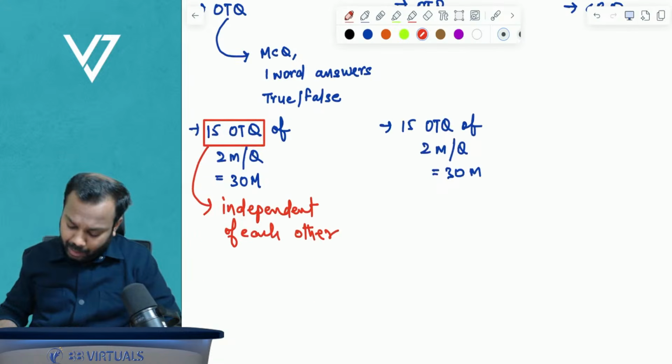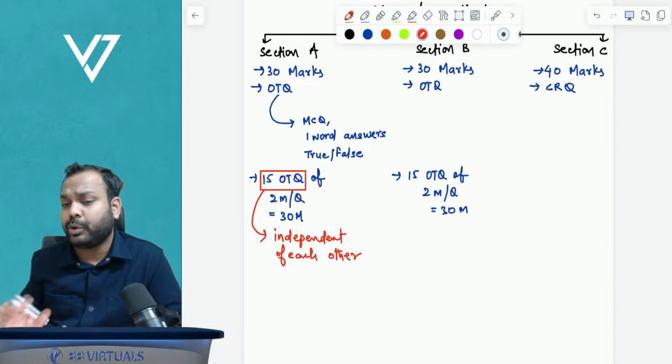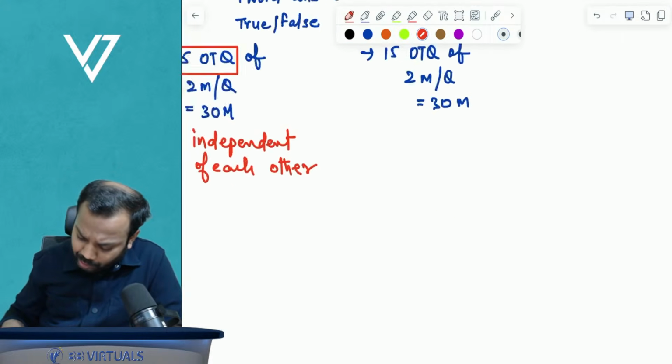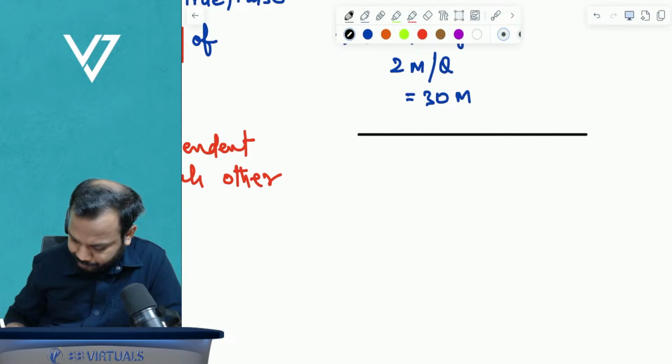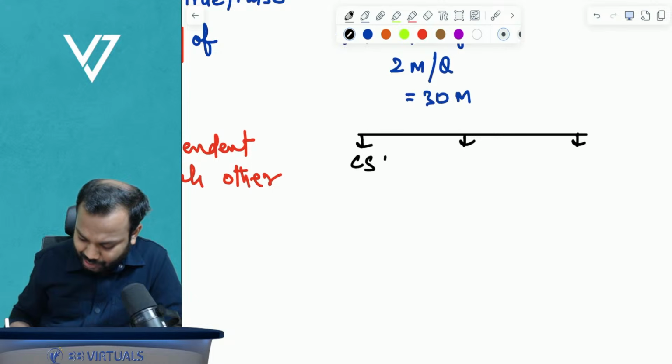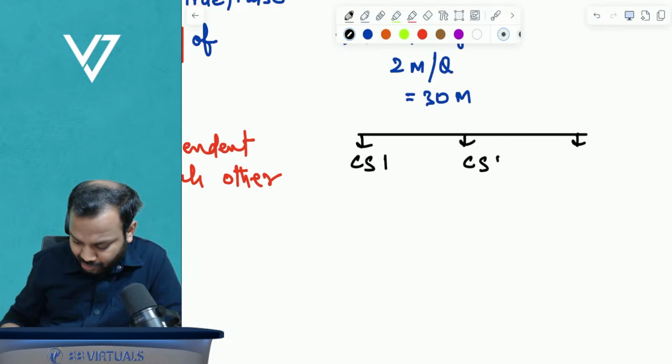But if I talk about Section B, the questions are like this. Case scenario 1, case scenario 2, case scenario 3.